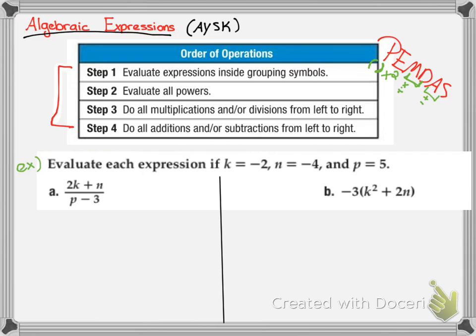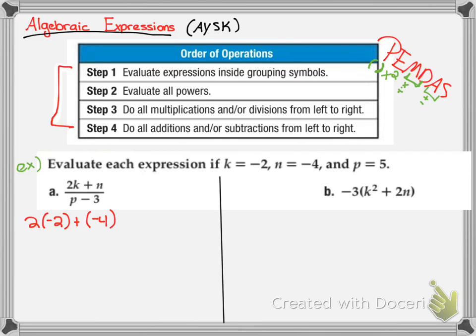Let's look at part A. So we're supposed to evaluate the following expression if K is -2, N is -4, and P is 5. So the first step is always just to plug these in. Now, what I see with students a lot of times is they want to try to do all of this in their head, and they end up missing a step or forgetting to change a negative or something like that, and then they get the problem wrong.